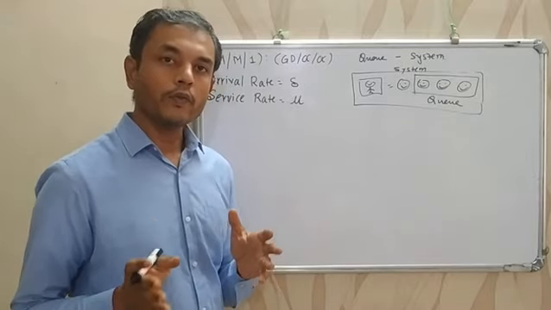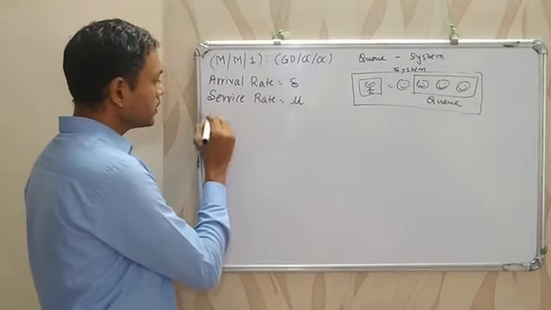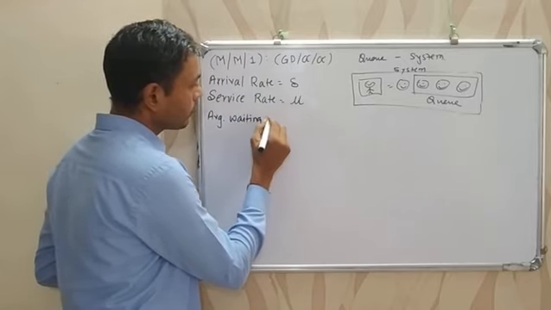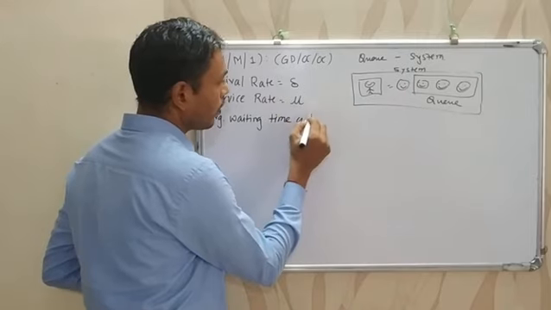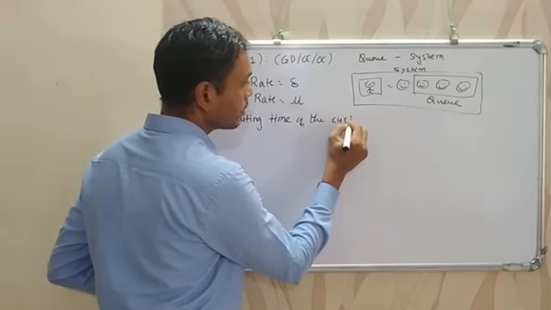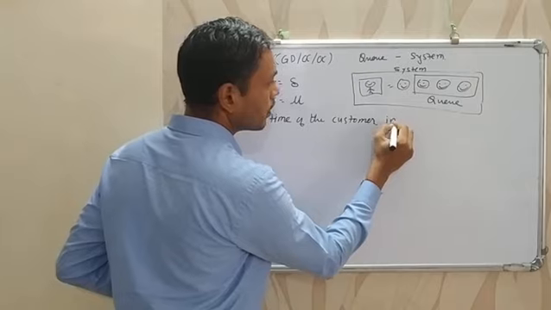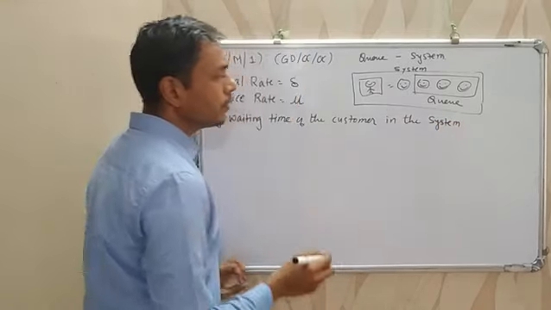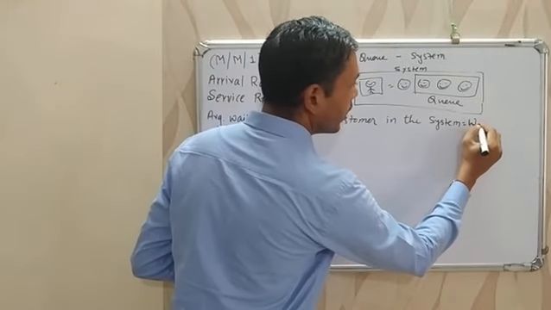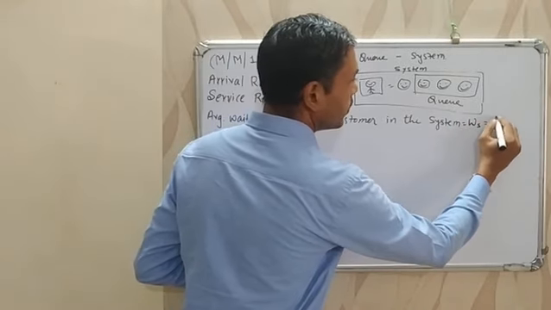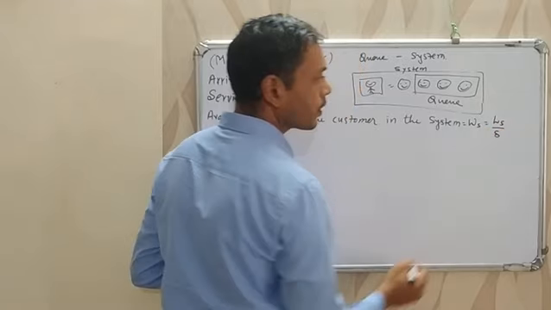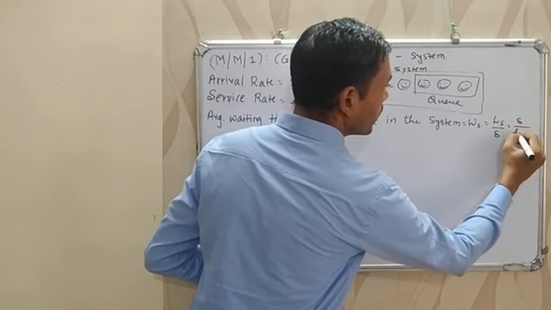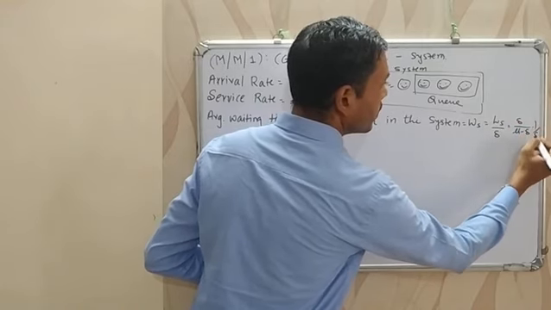Now let's see average waiting time of the customer in the system, that is represented as WS. We can say WS is equal to LS divided by delta, and LS is equal to delta divided by mu minus delta into 1 by delta.